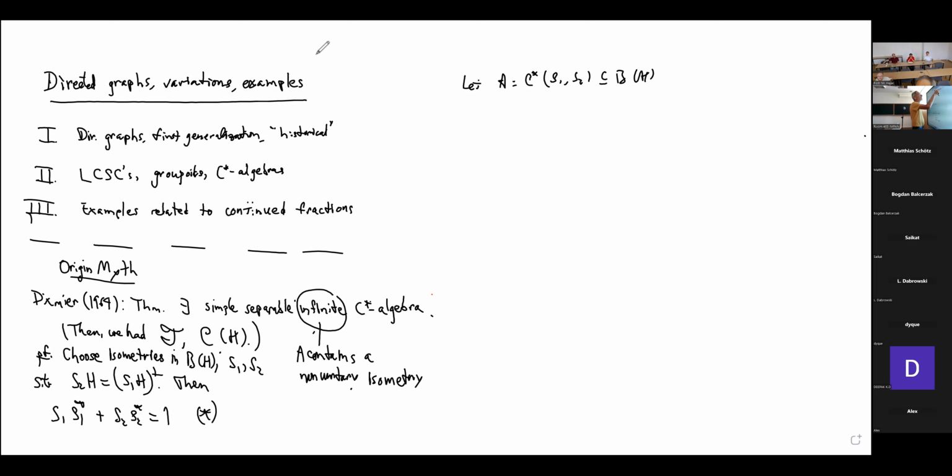But because it's a unital C star algebra, it will contain at least one maximal ideal, and so we can choose a maximal ideal.